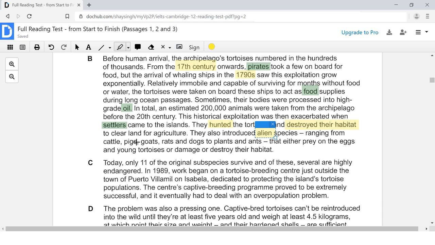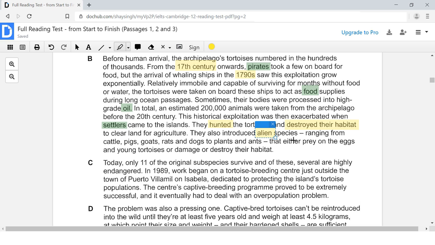For example, I might say that cattle, pigs, goats, rats, they do not belong in this area because they come from other countries, from other areas. Okay? So to be alien means that it is not native there, it is not commonly found there.